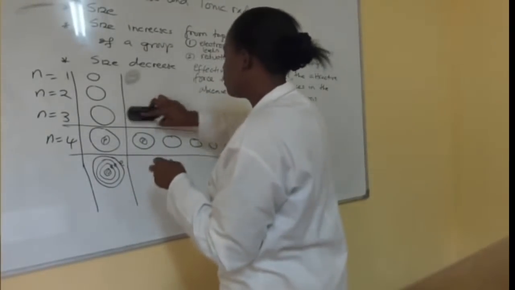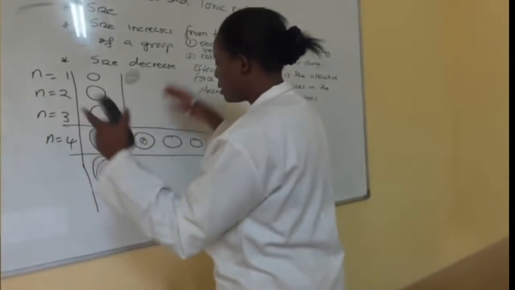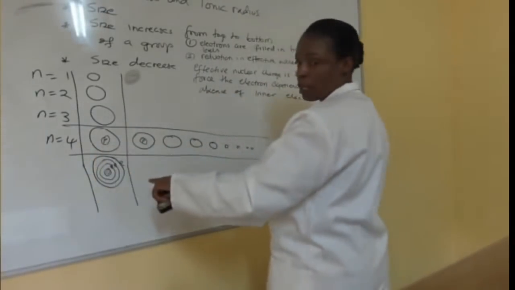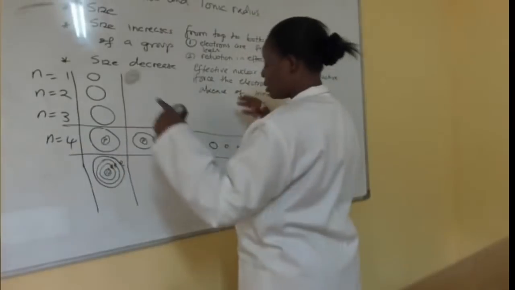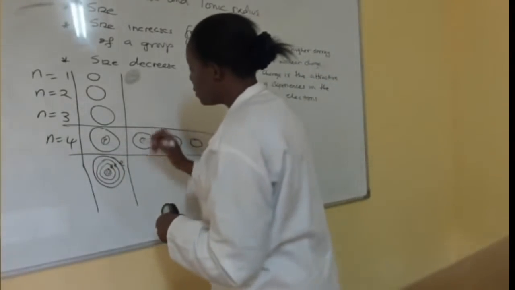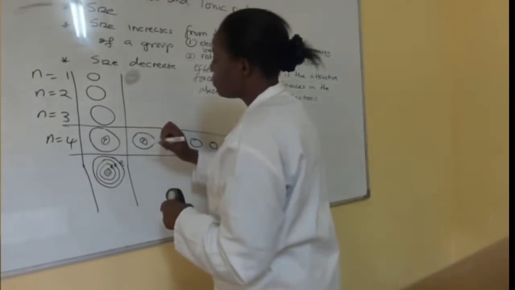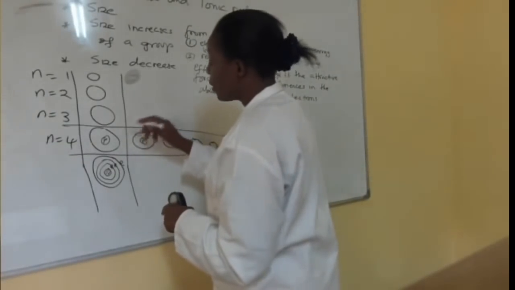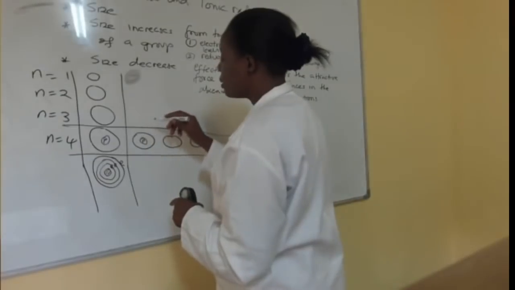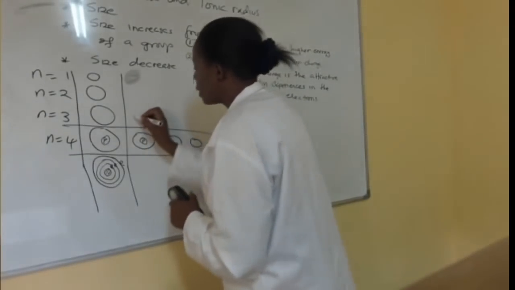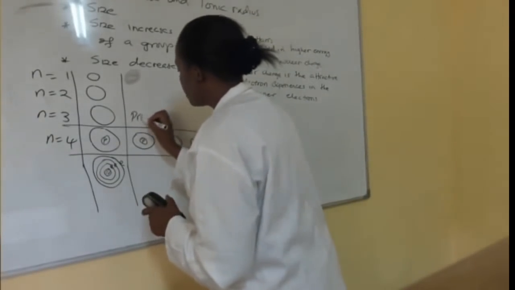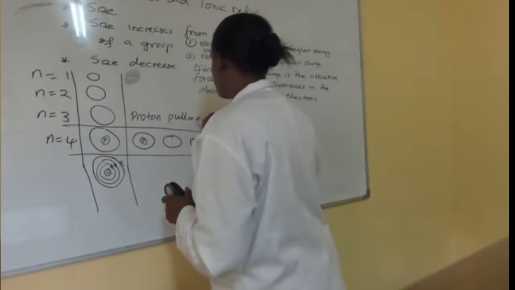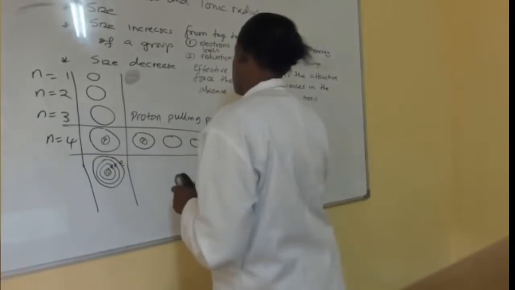So as we move from left to right, electrons are being filled in the same energy level. It means that the ratio between protons and electrons gives a greater proton pulling power.